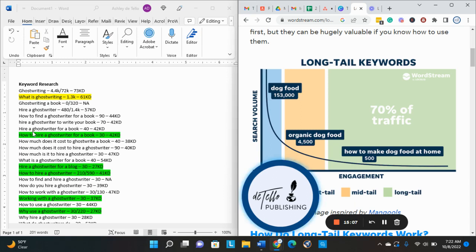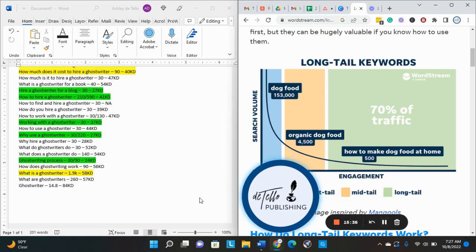But hire a ghostwriter for a book has more, but it also is inside of this keyword phrase here. So how to hire a ghostwriter for a book just has how to added to the beginning of it. So you're actually going to capture both phrases by using this one, because you've got hire a ghostwriter for a book here. And so you're actually going to be getting that phrase, but then you'll also be getting the how-to phrase.